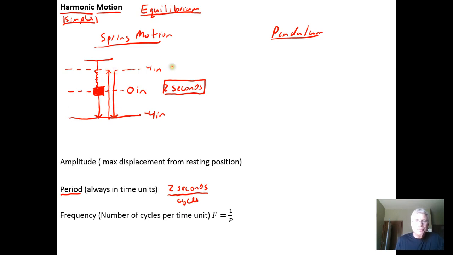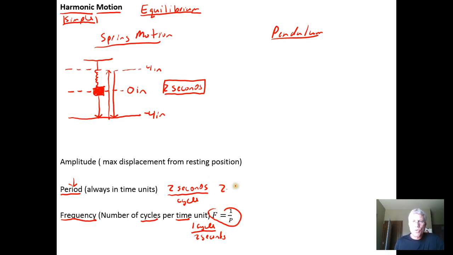Frequency is always going to be the reciprocal of the period, because frequency just wants cycles per unit time, and period is the reciprocal of that. If it takes 2 seconds to do 1 cycle, then it takes 1/2 cycle per second. So the relationship between period and frequency is they are always reciprocals of each other.